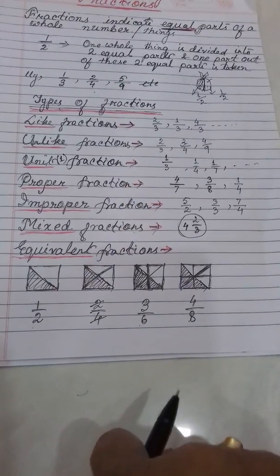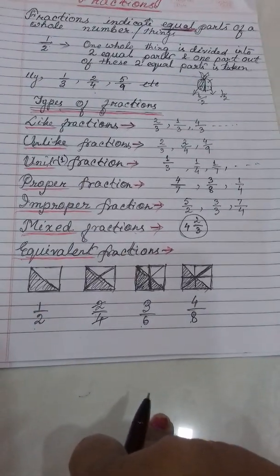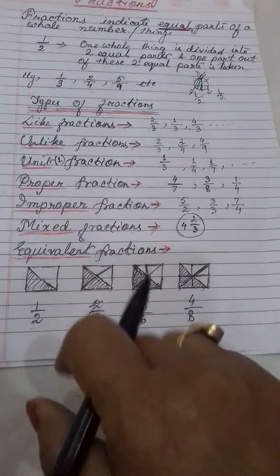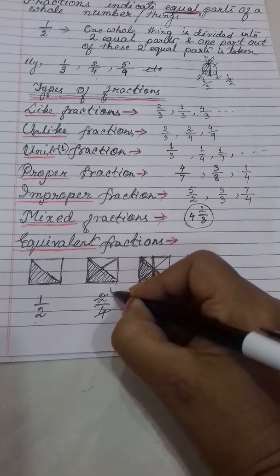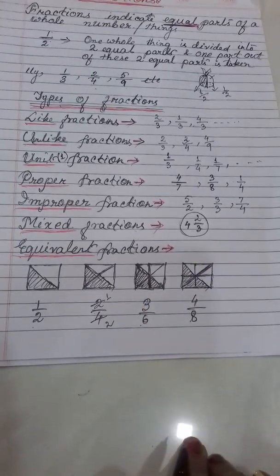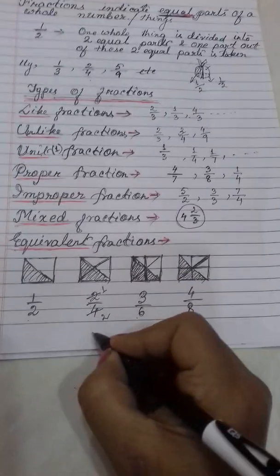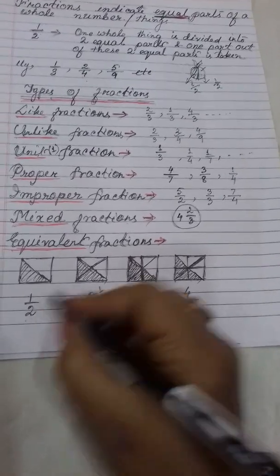That means you have to divide both numerator and denominator by the same number. Clear or not? You cannot use different numbers. So 2 can be divided by 2, 2 1s are 2, and 4 can be divided by 2, 2 2s are 4. So at last what has come? 1 by 2 or not? So 1 by 2, 1 by 2.